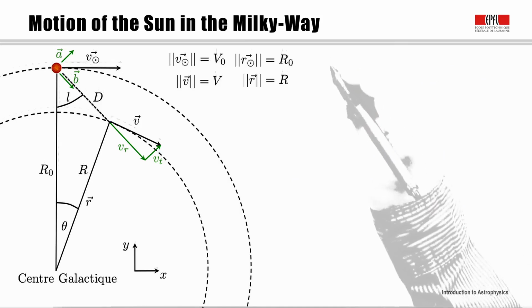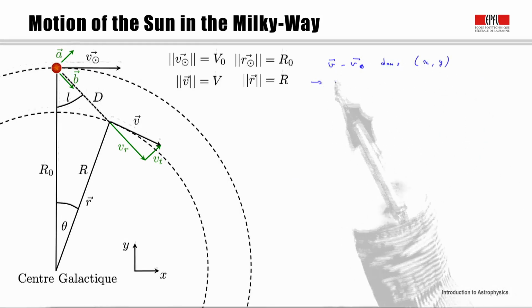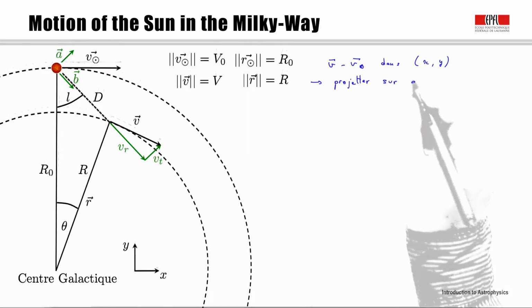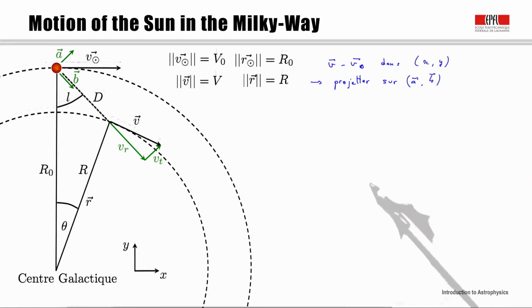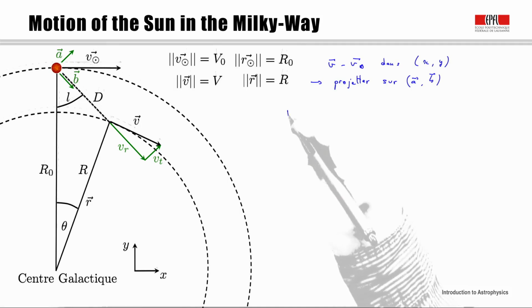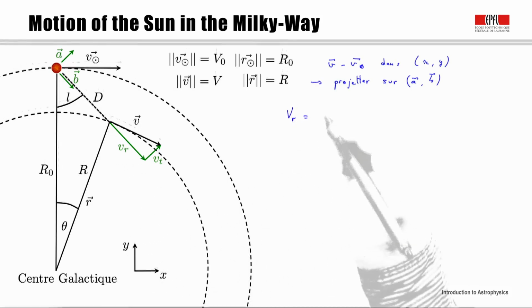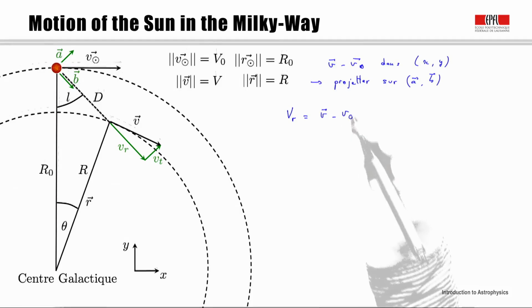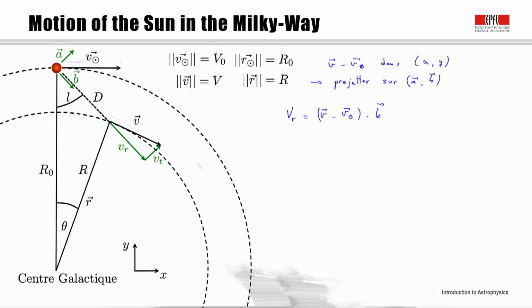The equation for v minus v sun in the xy reference frame will be projected onto the a-b reference frame. We used a scalar product so that Vr, the radial velocity, is equal to v minus v sun in Cartesian coordinates, dot b, the vector along the line of sight.